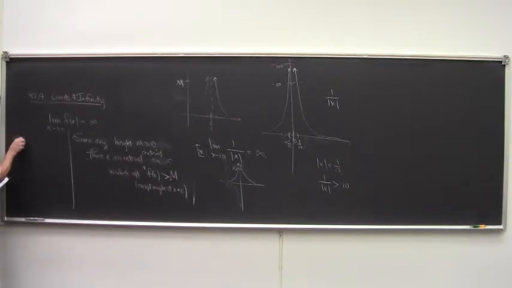So given any M, there exists a delta, so that if absolute value of x minus c is less than delta and greater than 0, then f of x is greater than M. So this is the more notation-heavy way of writing the same thing. And if you can see that these two are the same thing, you're in a good position.